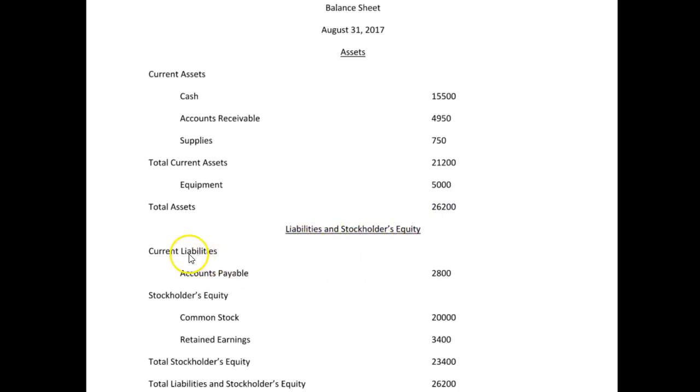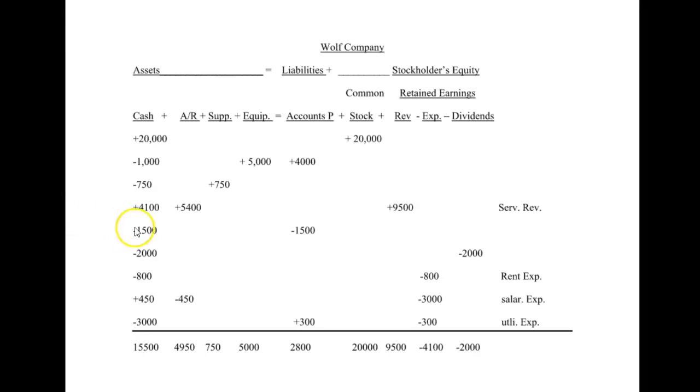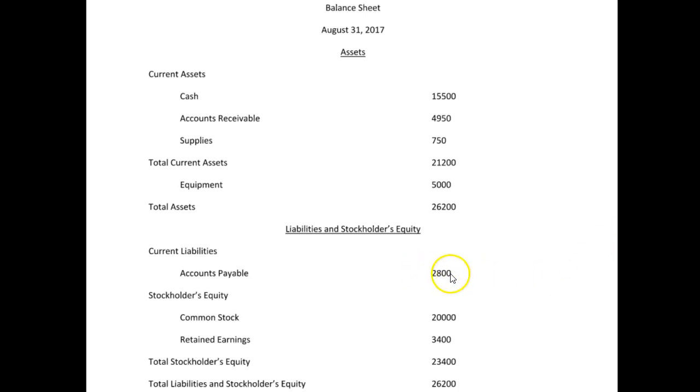The current liabilities, we had just one for Wolf Company, which was the accounts payable. Going back to the very first page, the accounts payable was $2,800.